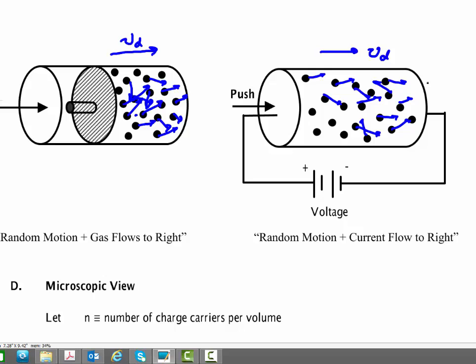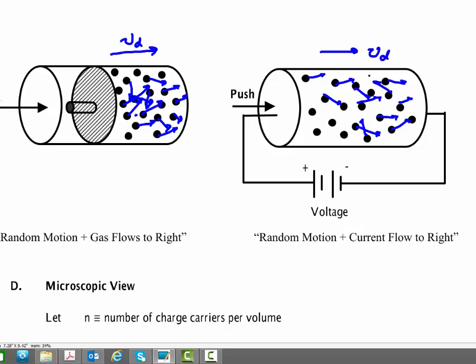The motion to the right may only be a centimeter per second, while the random motion may be in kilometers per second. But the kilometers per second is in a random direction, so it cancels out, while this other component, due to the electric field, pushes them to the right. That's why it's called a drift velocity. It doesn't really fly across, it kind of drifts along like a boat on an ocean wave.